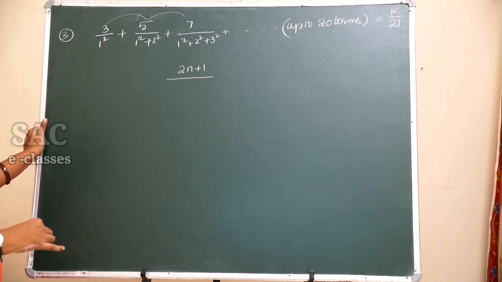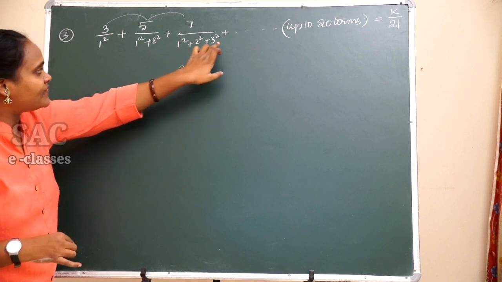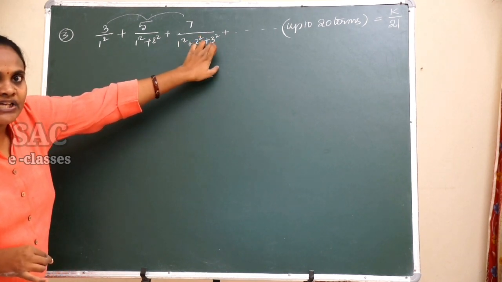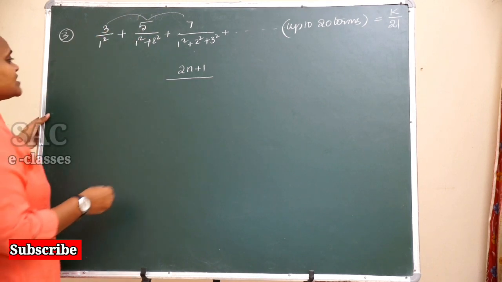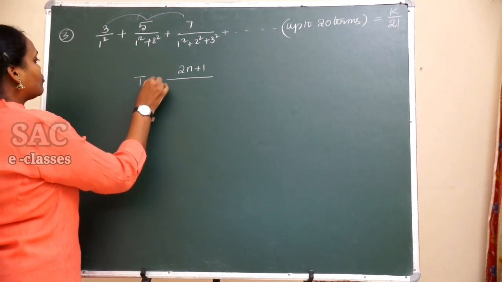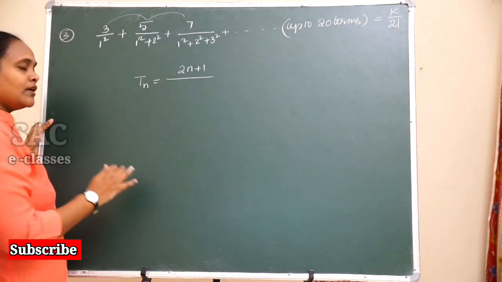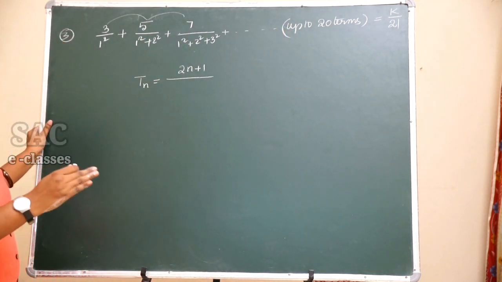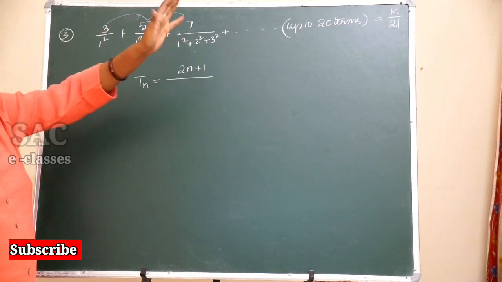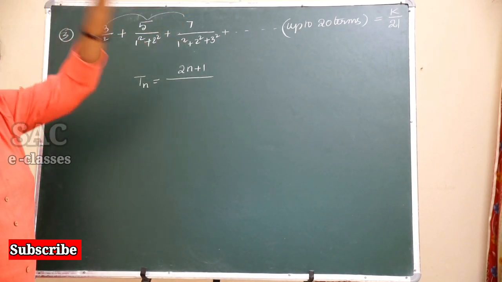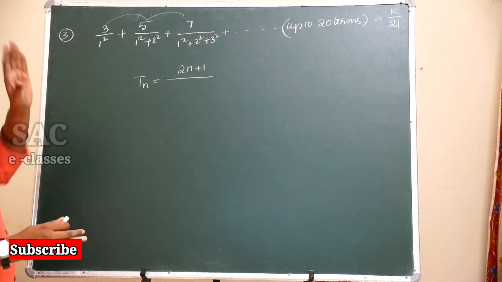And coming to the denominator, what are the denominators? The sum of n squares. What is the sum of n squares formula here? All I am trying to do is get the nth term. In the second problem it was normally there, but here something by squares is there, so it may not work out by taking the nth term and summing it directly. It is only possible by finding the nth term.